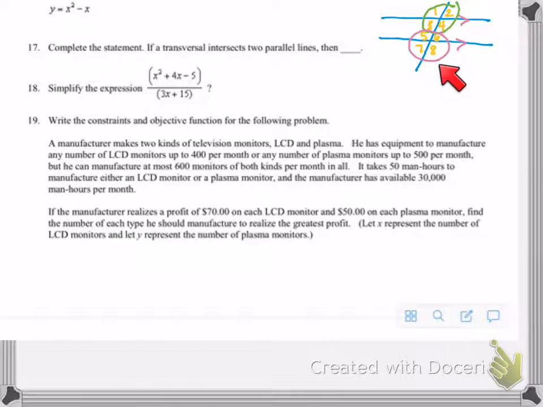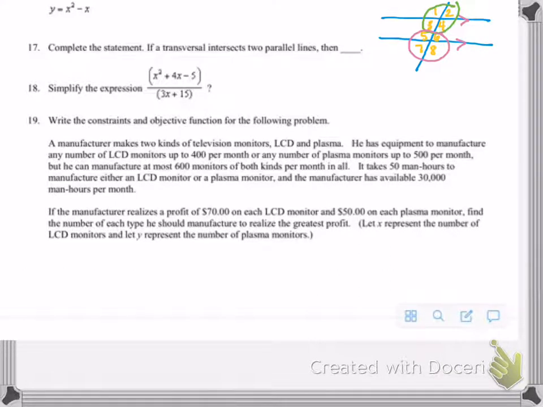They're not congruent, but they are supplementary. Same side exterior are supplementary. And finally, your fourth way you could answer this is to talk about angles 3 and 5, which are same side interior angles. So 3 and 5 are supplementary, same side interior angles, and so are 4 and 6.